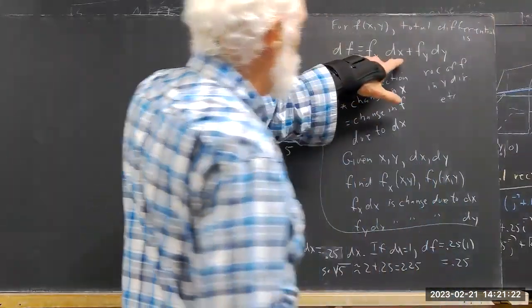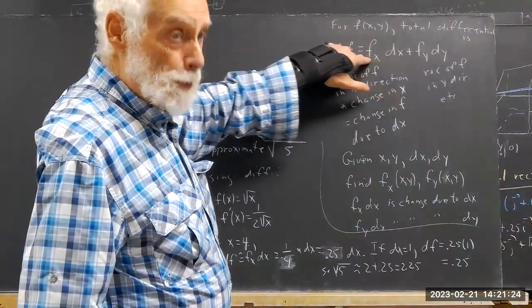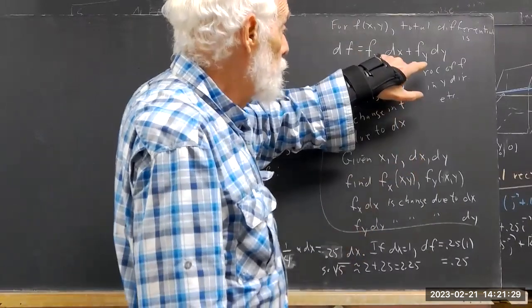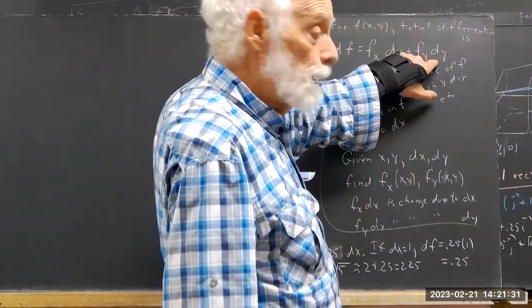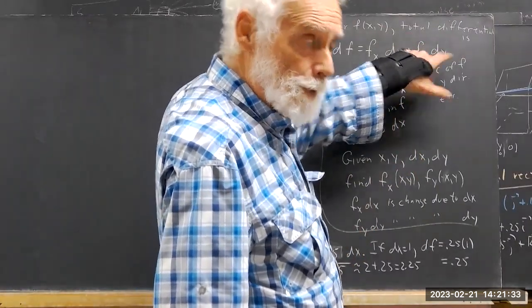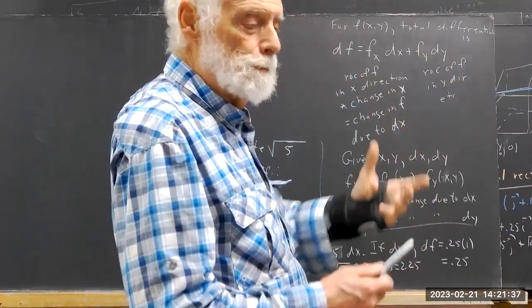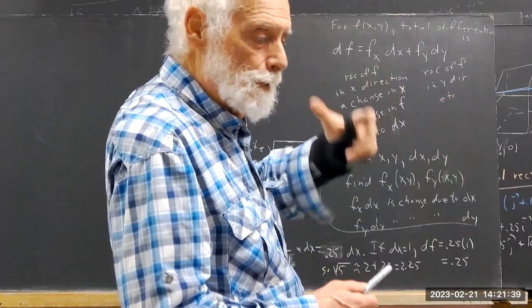If we multiply our dx by our slope in the x direction, we get the rise in the x direction. We multiply our slope in the y direction by our interval in the y direction. We get the change in f due to y.